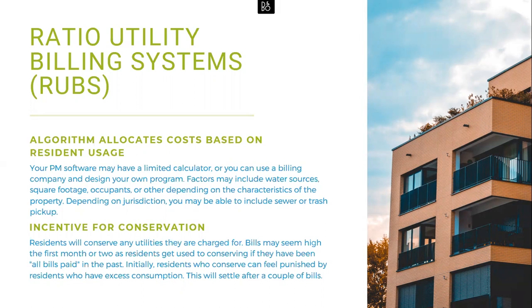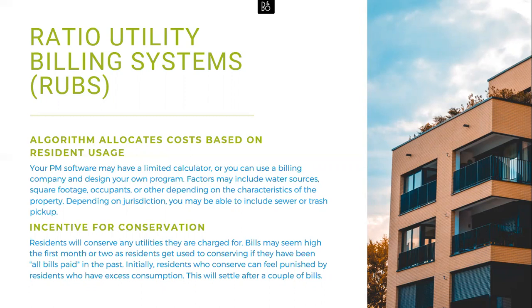So owners can implement it themselves if their property management software has a program, but it might be limited, so you have to be careful. Or a billing partner whose experience can assist in making sure that you're getting the maximum back while staying within regulations. And this is the interesting point. Studies have shown that RUBS clients can recover greater than 18% without a sub-meter investment. So I think that's really interesting.